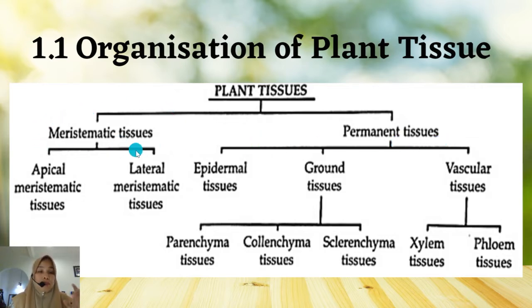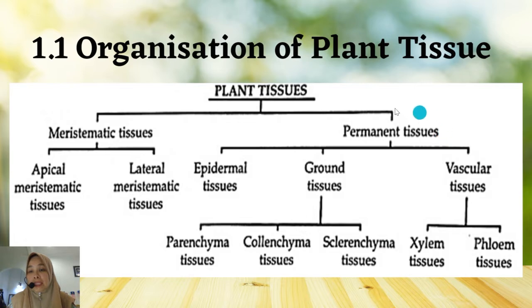Meristematic tissue can be divided into two: apical meristematic tissue and lateral meristematic tissue. Make sure you can spell and pronounce meristematic tissue, not meristem or systematic tissue. It is meristematic tissue.